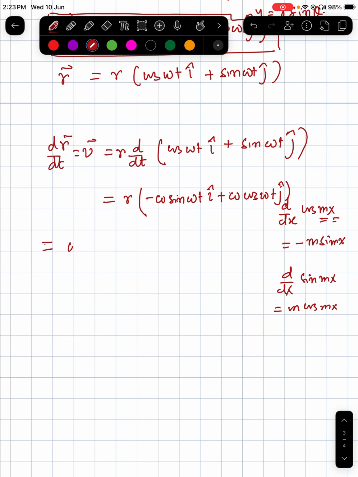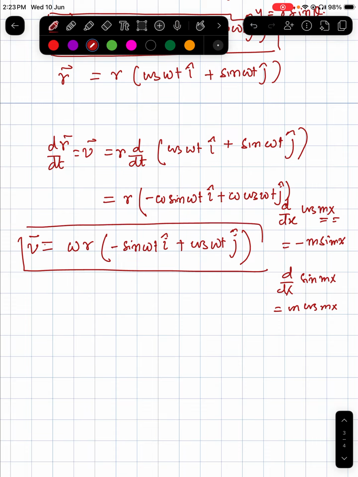It becomes omega r times minus sin omega t i cap plus cos omega t j cap. So this is the velocity of the particle. We have found the velocity. So there is the formula for the velocity of the particle. Good. So our first purpose is now completed.